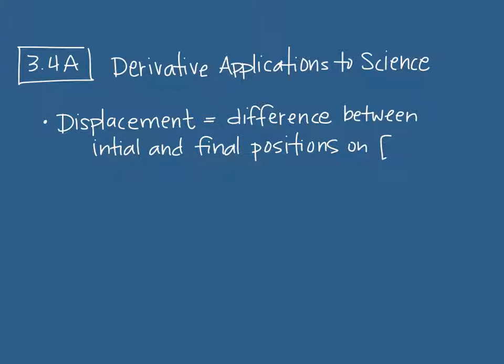And it's over a closed interval from A to B. And so the formula that we already know that works displacement out is f of b, which is the final position, minus f of a, which is the initial position. Okay, that's displacement.